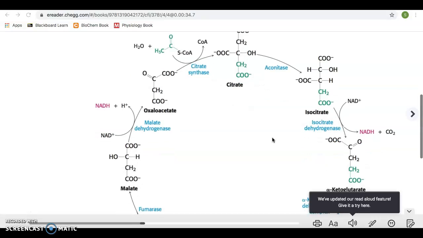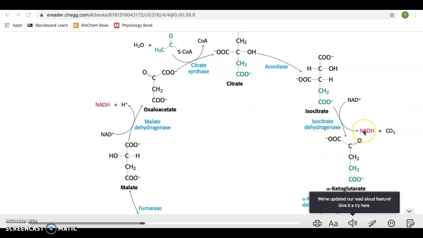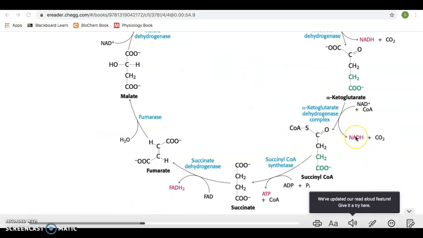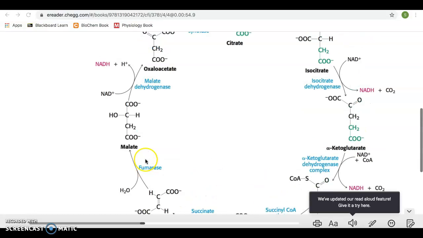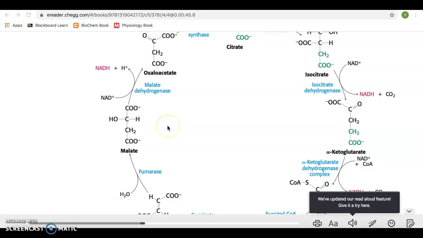So far we have 1 NADH being made, 1 NADH being made, so that's 2, an ATP, an FADH2, and then another NADH. That makes 3 NADHs, 1 FADH2, and 1 ATP.